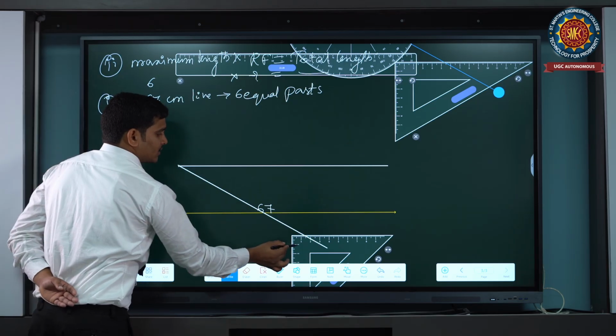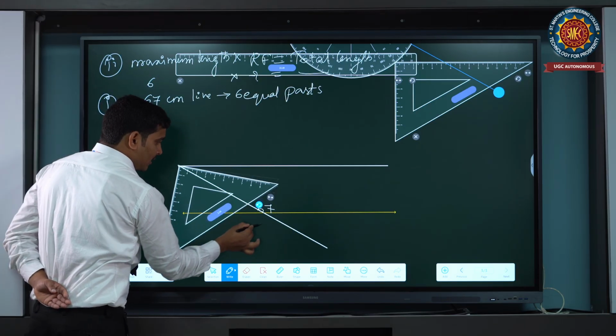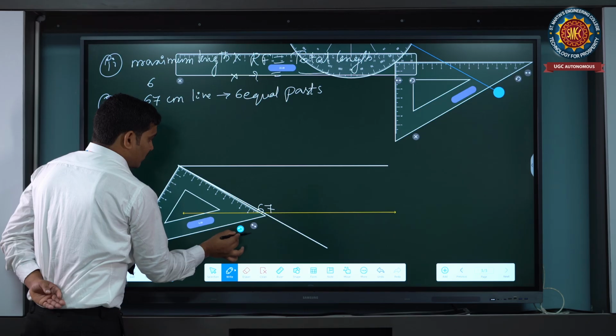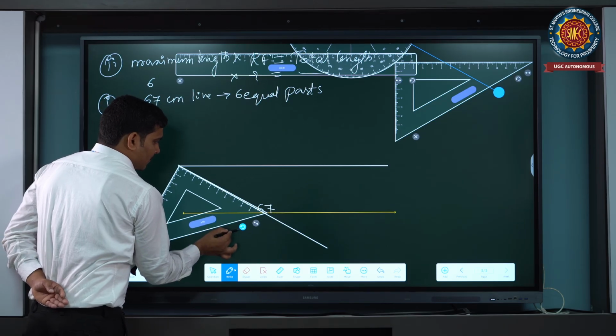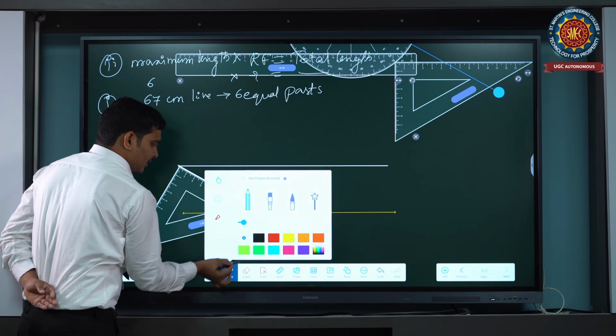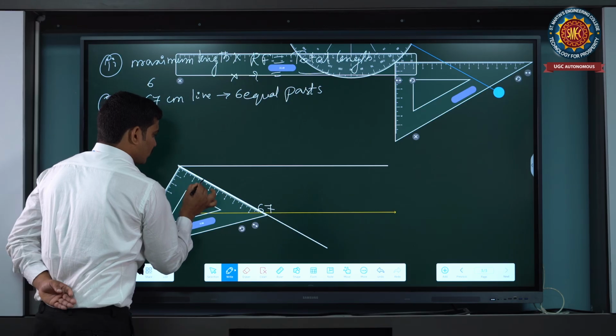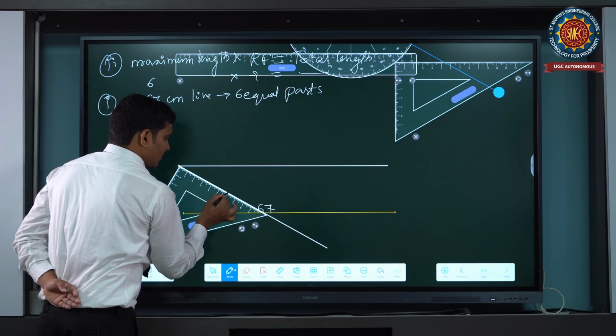Now in this inclination, you can mark the dimension, and the equal parts should be maintained below. You mark into however many parts you require: 1, 2, 3, 4, 5 and 6.